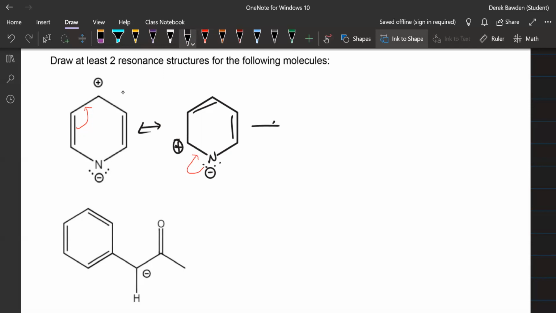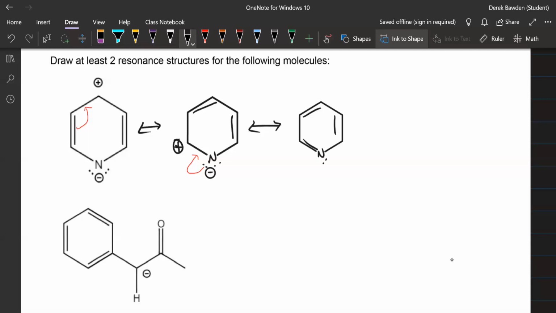That would give us, okay, and now both the nitrogen and the carbon are happy. Awesome. So there's two resonance structures of that molecule.